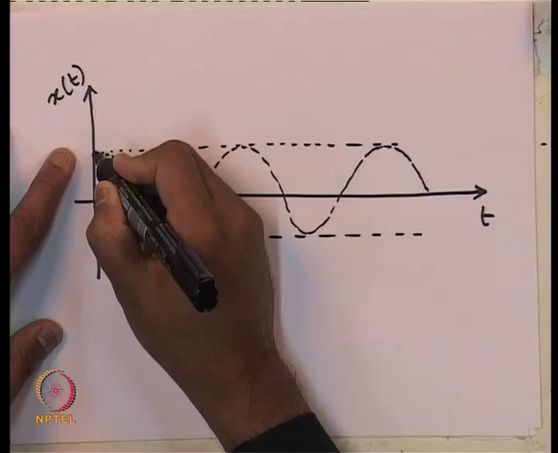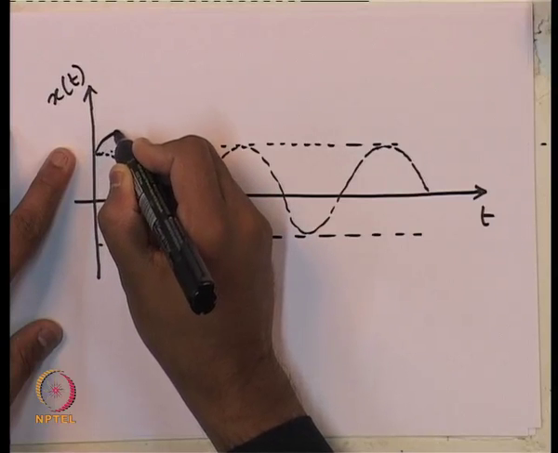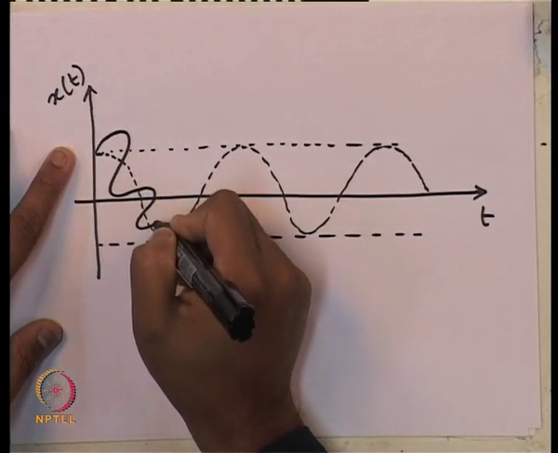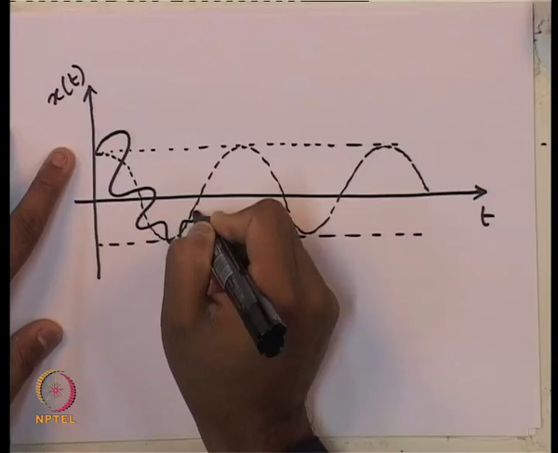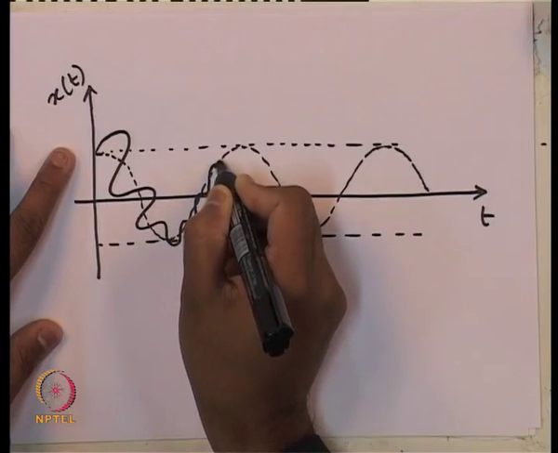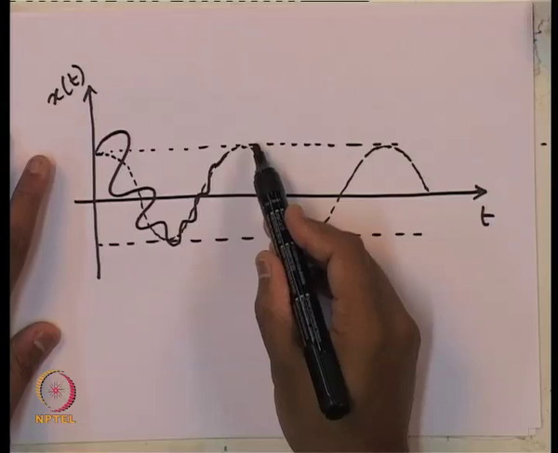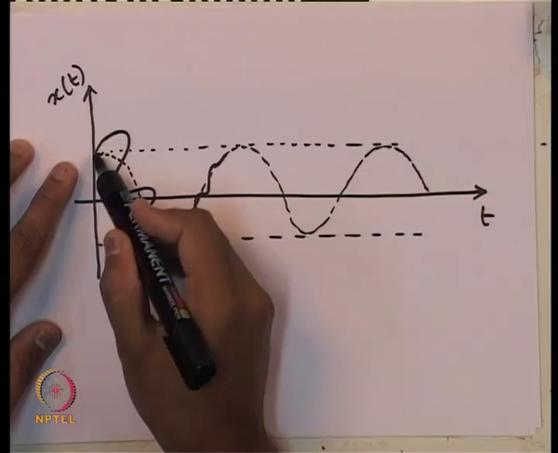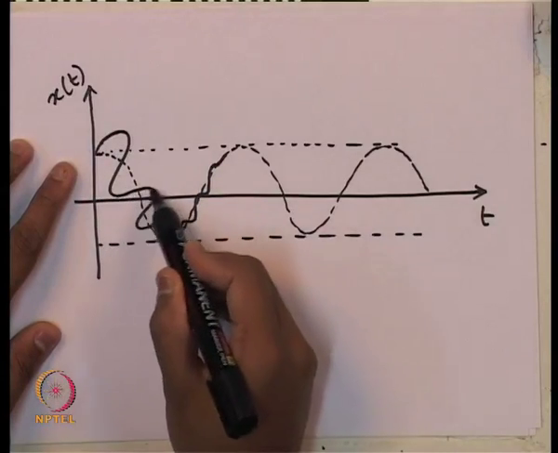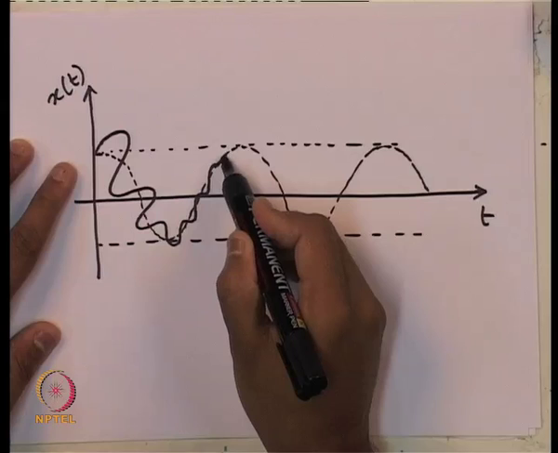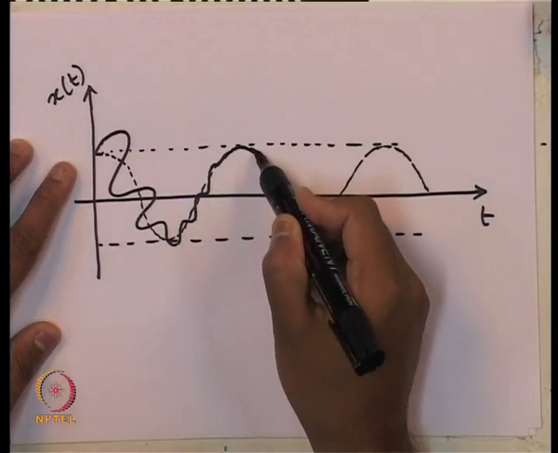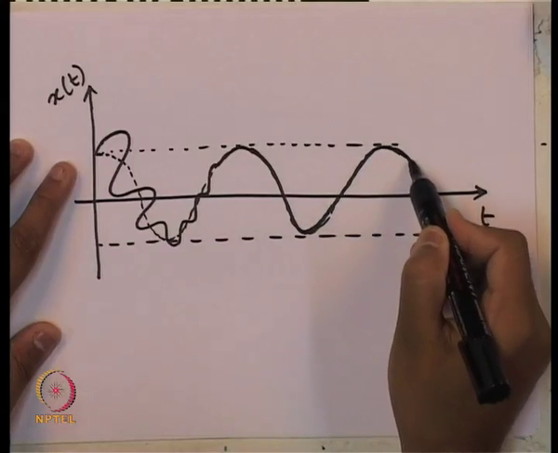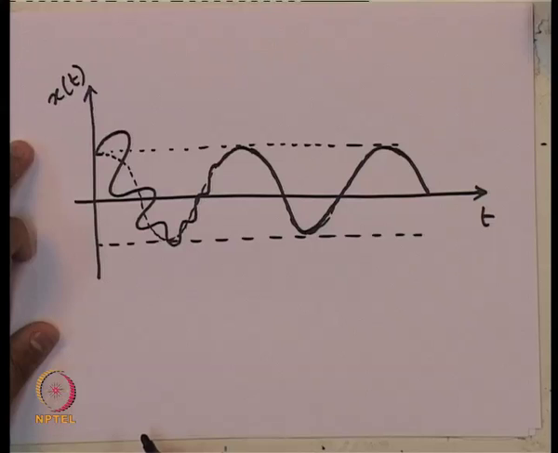So, let me draw it now. We will have some functions like this, and then it will die down after a certain time. So, the total response becomes this firm or solid line, and beyond it, it vibrates periodically or harmonically following this.